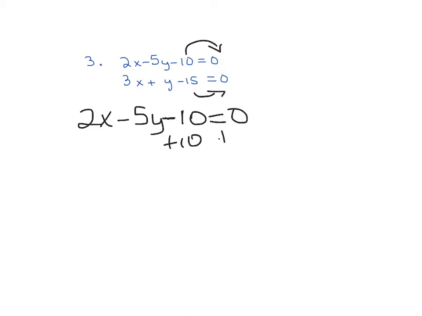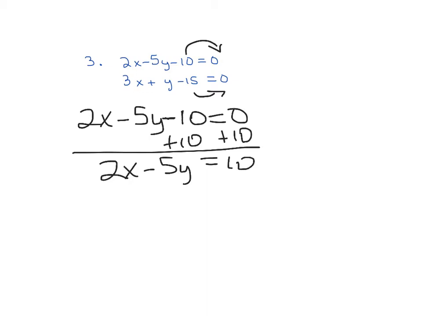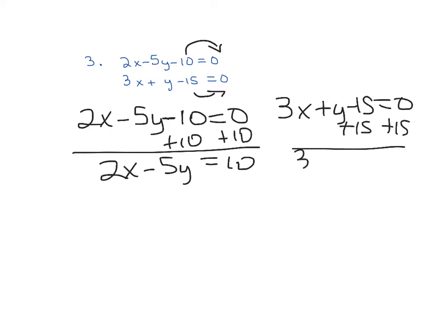I'm going to add 10 to both sides. 2x minus 5y equals 10. I need to do the same thing to the second one. Add the 15. 3x plus y equals 15. Now, I've got it in the correct form.